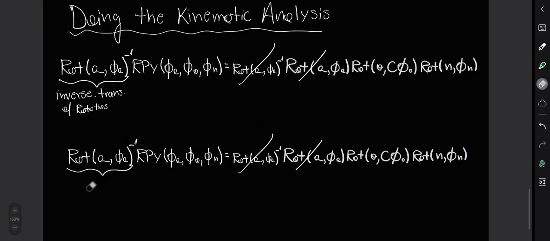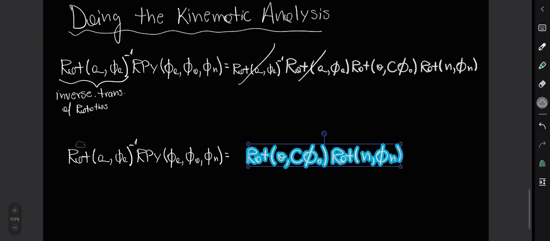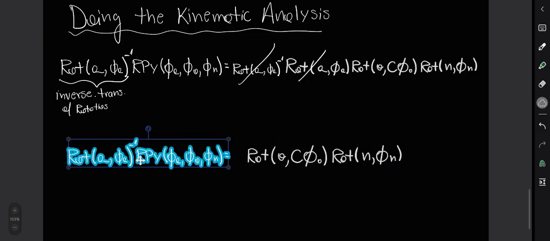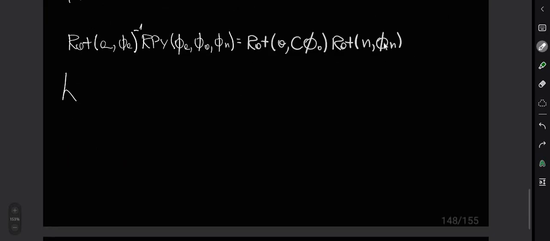We are left with the following transformation equation, which we solve using kinematics analysis.